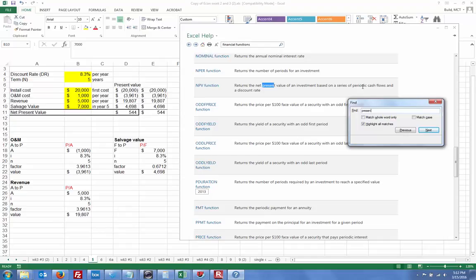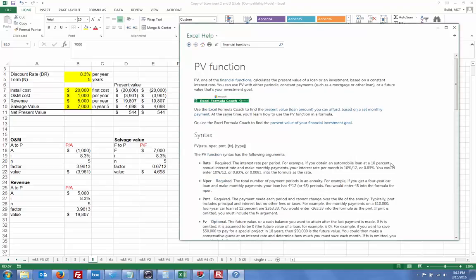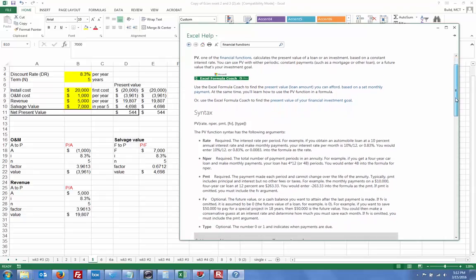Well, a series of periodic, we're actually looking for just a single payment. Let's see, what's PV? Future value, optional: the future value or cash balance you want to attain after the last payment is made. 0.